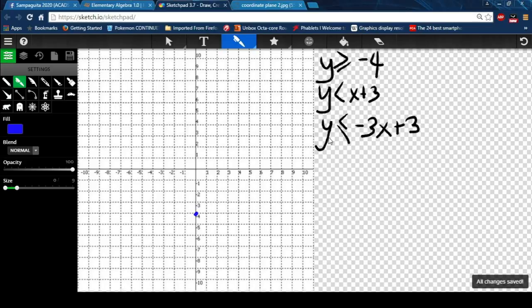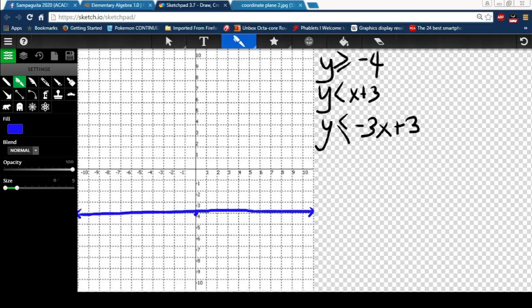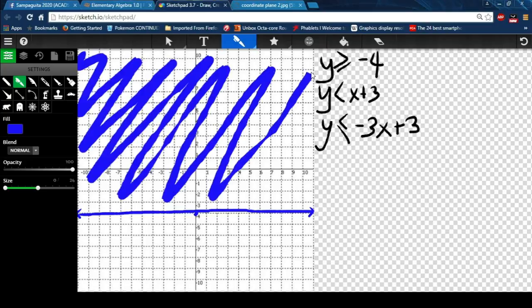Since the slope is equivalent to 0, it'll form a horizontal line. And shade all the points above it. Alright, so that's the first inequality.